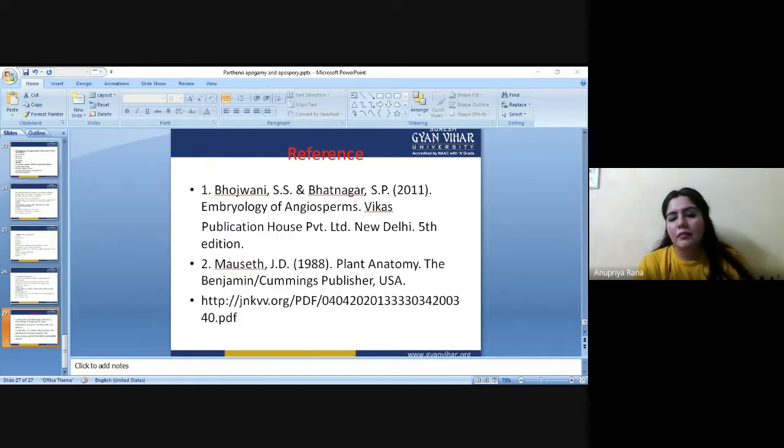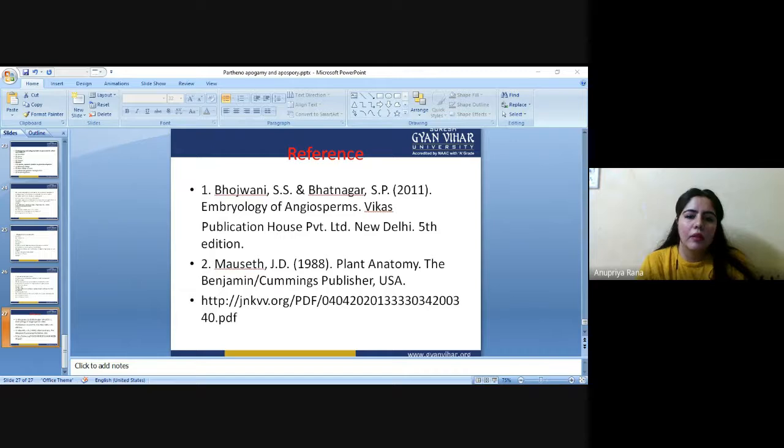Very few Indian scientists have worked on botanical studies, but Bhojwani and Bhatnagar were among them. They did a remarkable job, mostly on the embryogeny process, meaning how the embryo develops. The book they published in 2011, Embryogeny of Angiosperms, is very important. If you go through it, you will find more answers.